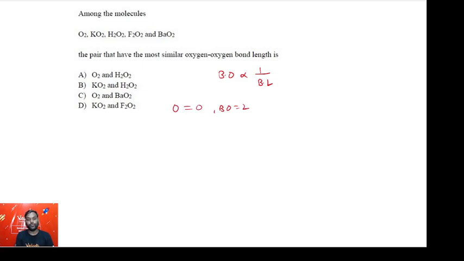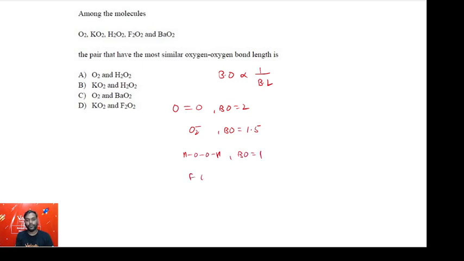In KO2, actually this is potassium superoxide, the anion is O2 minus and its bond order is 1.5. H2O2 has a single bond, it's a covalent molecule, contains a peroxide linkage, so its bond order is 1.